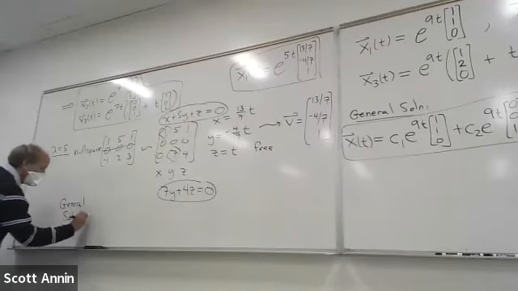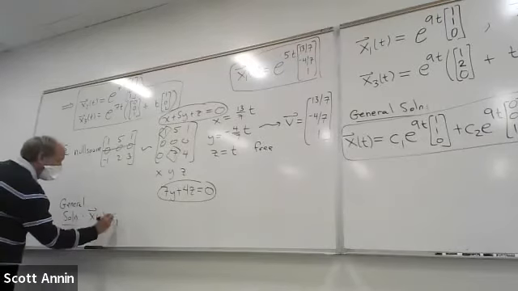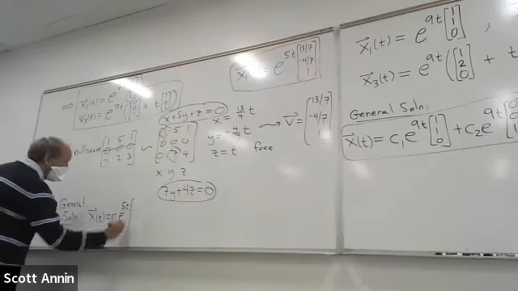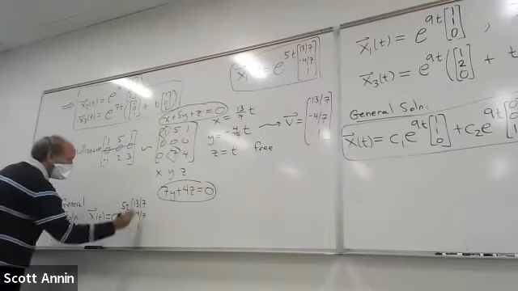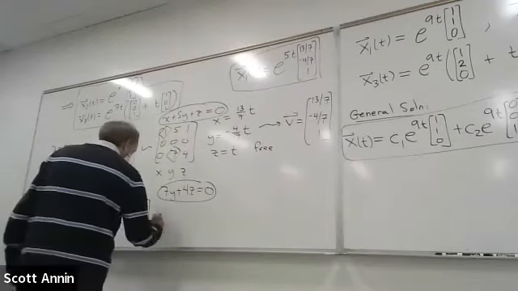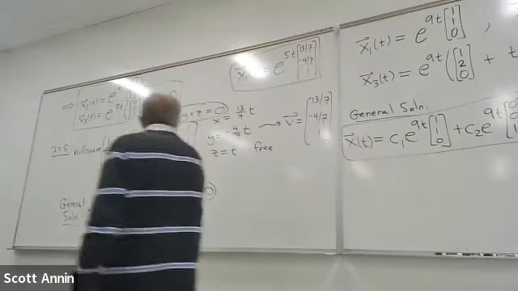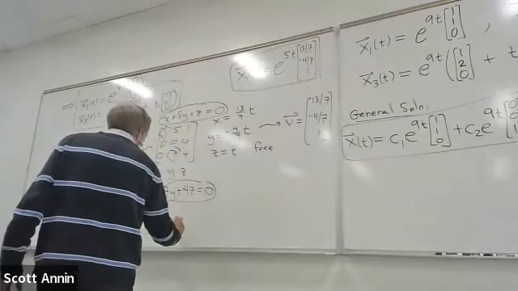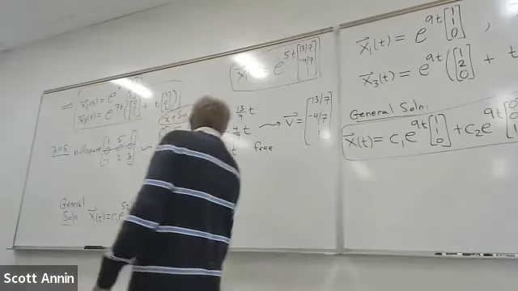General solution is x of t equals c1 e to the 5t times 13/7, negative 4/7, and 1. That's the first term, corresponding to lambda equals 5. Then we move over to the second term, c2 e to the 7t times the vector 1, 0, 1.